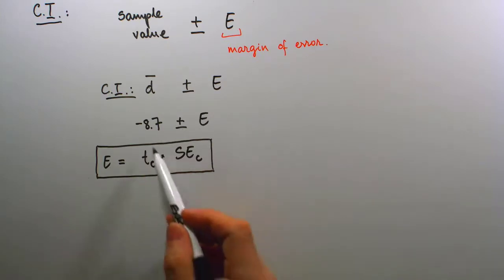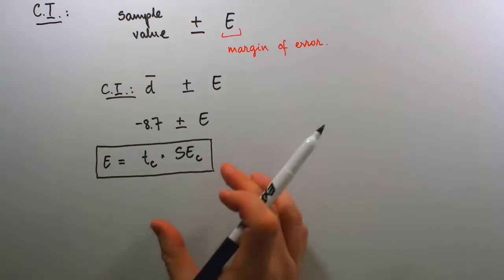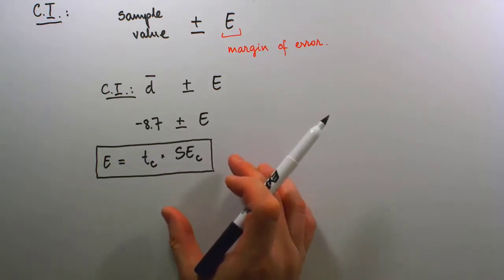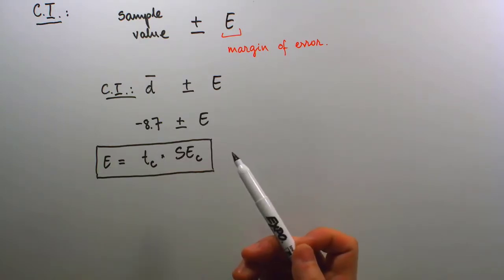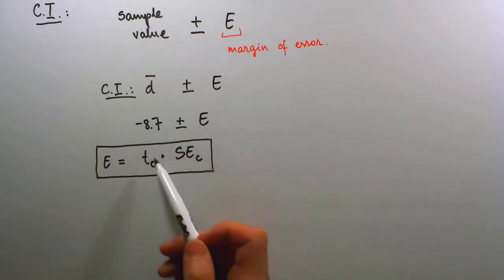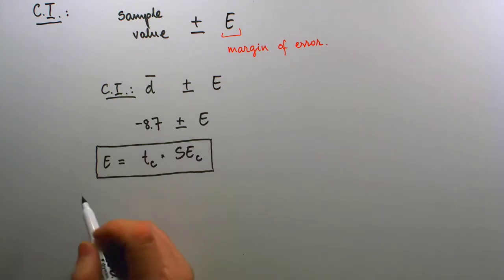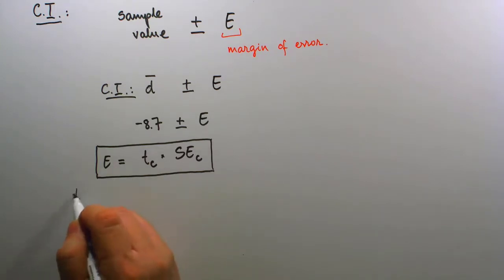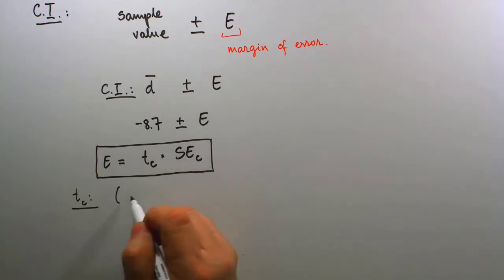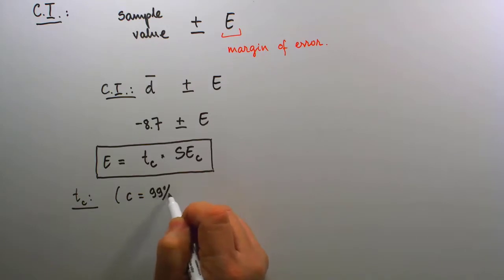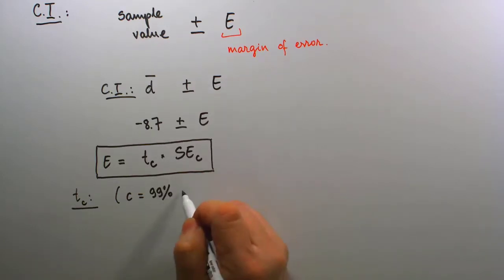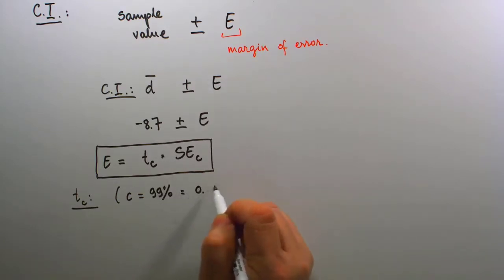But good news again, if anyone is viewing this video lesson after you have already learned about how you can find a T interval, a confidence interval using a T value, then again we can quickly recall how we can find our T sub C. Note for yourself that our confidence level required in this problem is 99%, or that is, for later calculation, 0.99.